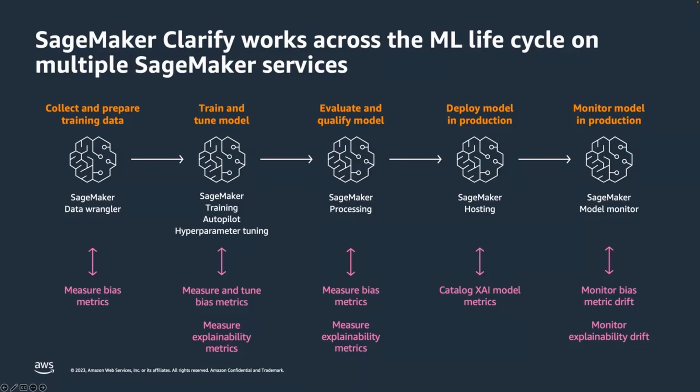Changes in real-world data can also cause your model to drift, as we mentioned before, changing its behavior over time. Clarify integrates with SageMaker Model Monitor to alert you if there is drift in feature attribution for model predictions. For example, a decline in home prices could cause a model to weigh income less heavily when making loan predictions.